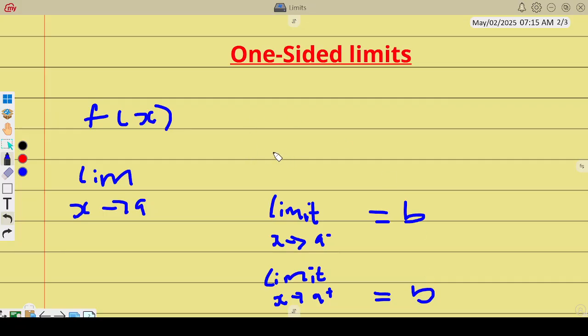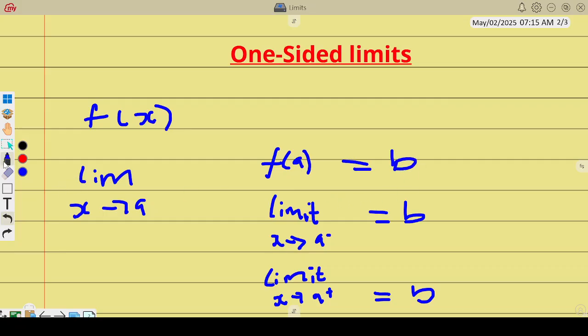And finally, when we just substitute, f of a, meaning in the function where there's a, we should still get b.